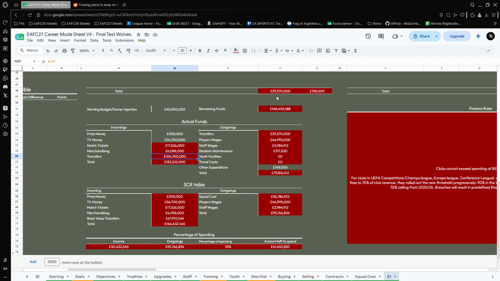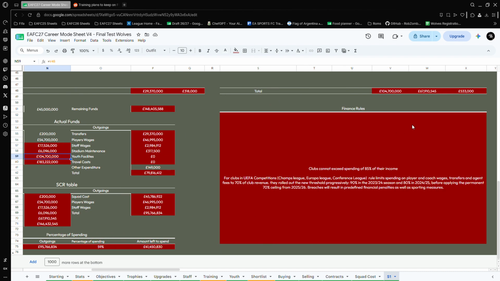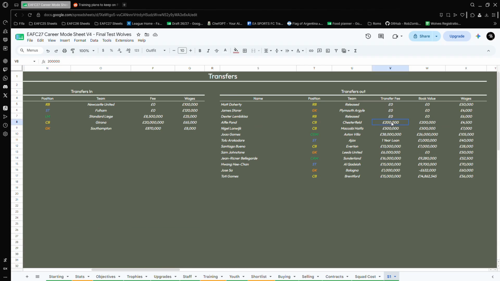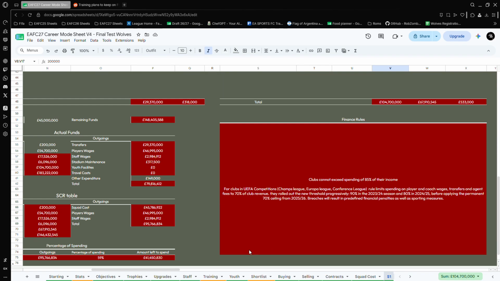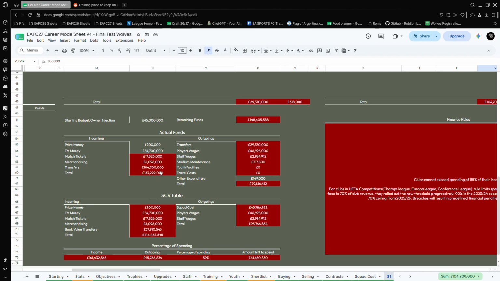That's based purely on the outgoings. So you can see I've sold 104 million from here. That's how much I've generated from selling. So that's just straight there, 104 million transfers, and that gives me a total of all the incomings going in. Now the outgoings, so the transfers, you can see the same as that, how much I've spent. Players' wages currently.